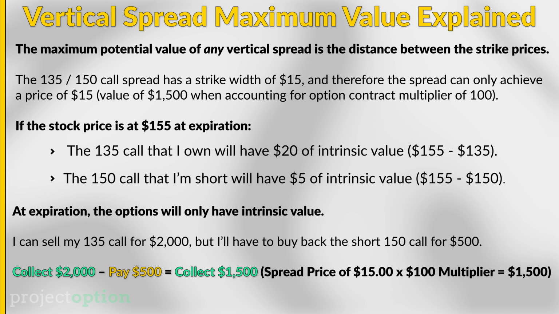And basically what that means is that if I want to close that spread at expiration, I could sell the 135 call for $20, collecting $2,000 in premium, and I would have to buy back the short 150 call for $5, therefore paying out $500 in premium, and that would leave me with a net premium collection of $1,500 at expiration. So this is the expiration payoff graph, which only really matters at expiration.